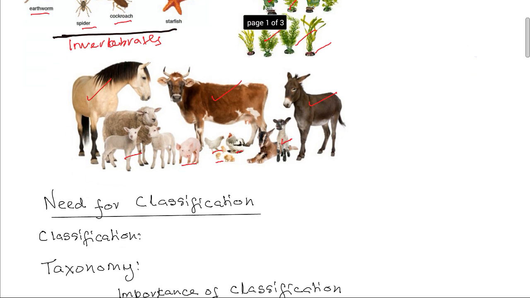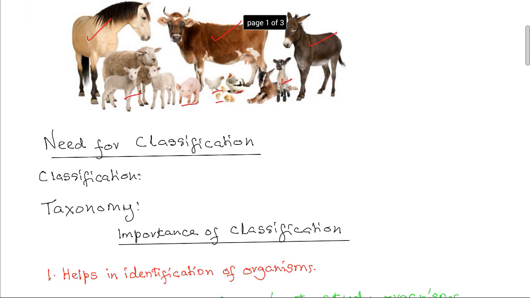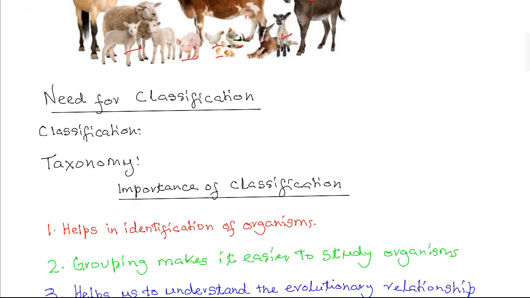Now, because of the large variety, there is need for classification of living organisms. Now, we start by defining what classification is. What is classification? Classification simply refers to the grouping of living organisms.